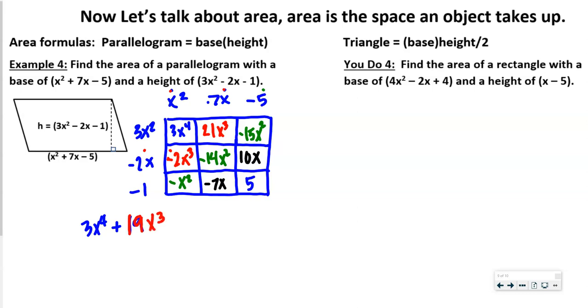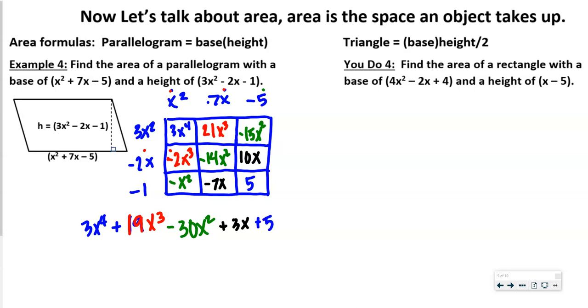Okay, now we're going to go green. We got negative, negative, negative. So 14 plus 1 is 15, so that's negative 15 minus 15, right? So that's going to be negative 30x squared, okay? Then we're going to combine 10 and negative 7. So that's going to give us plus 3x, and then we got our 5.